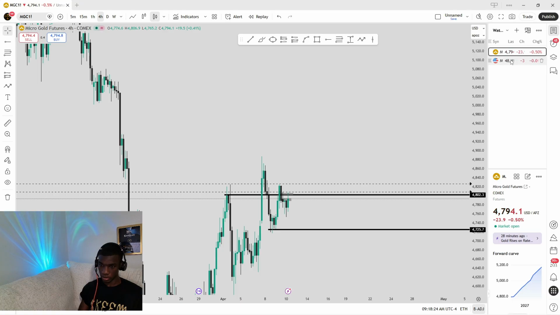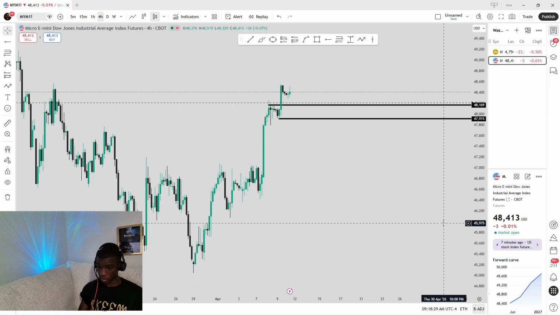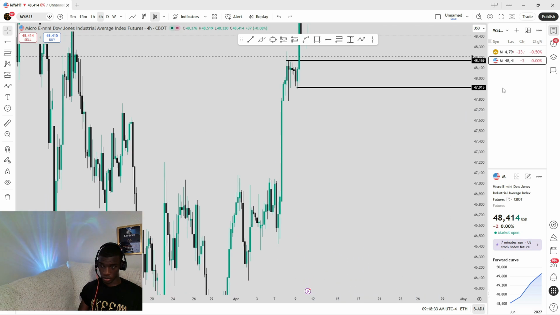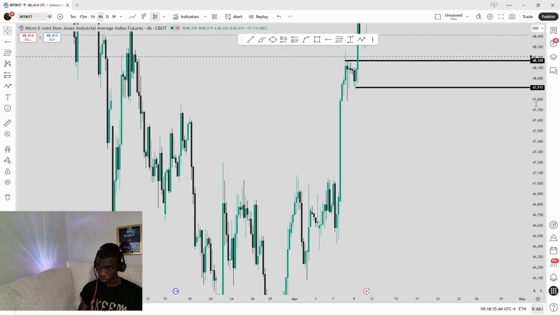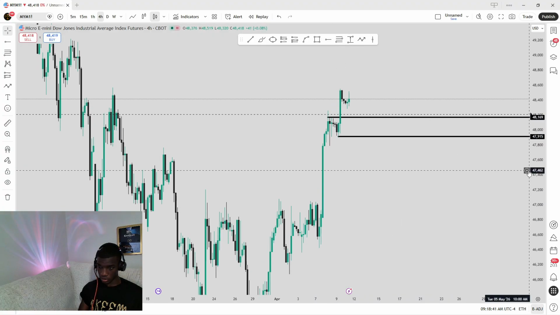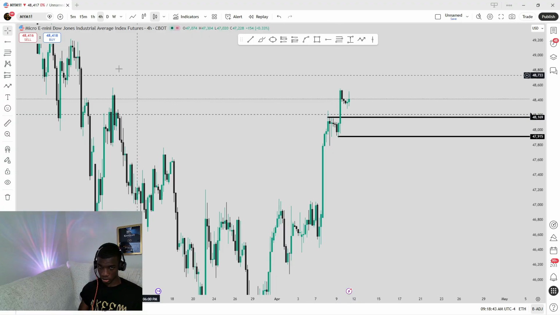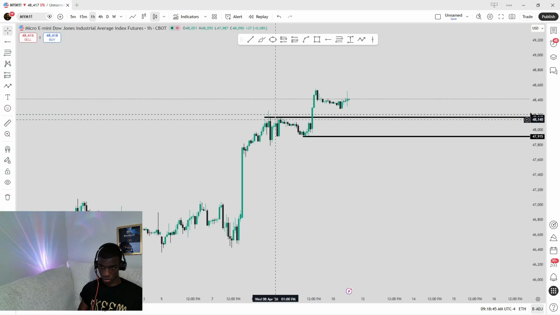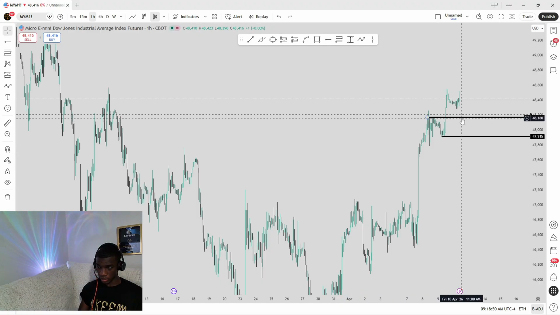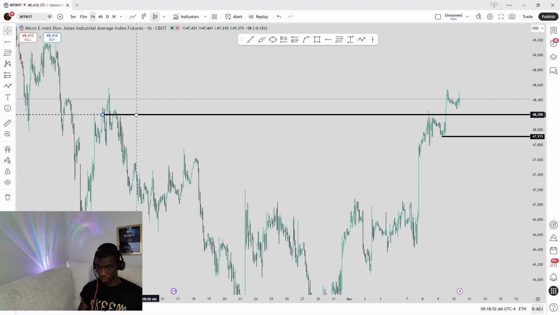And then I'm also watching US 30, and this looks kind of different, but it's the same analysis here. So this was my high, and the reason why this high is even valid is because price broke this here.